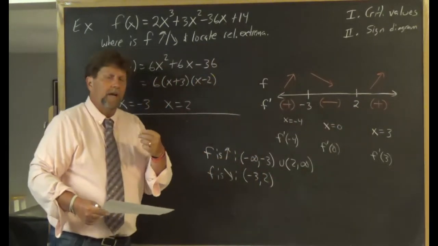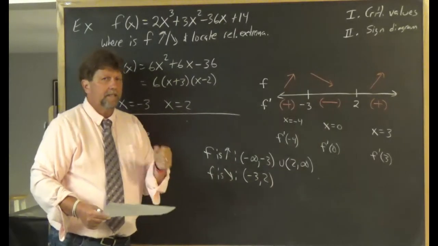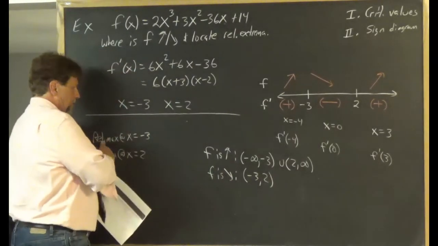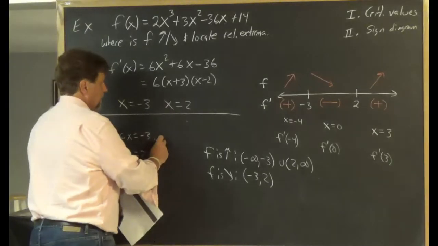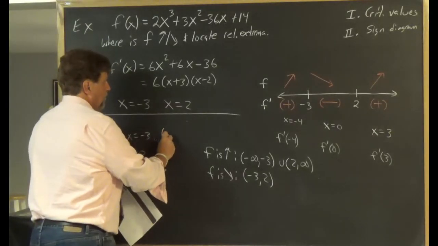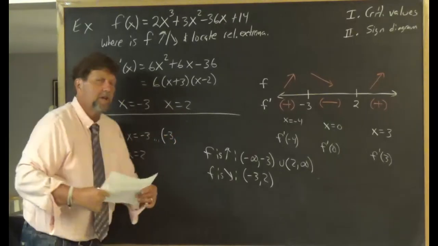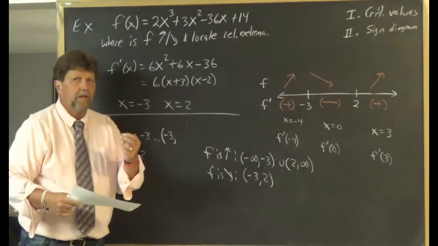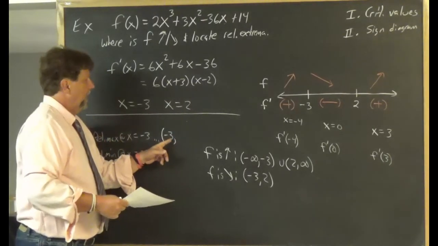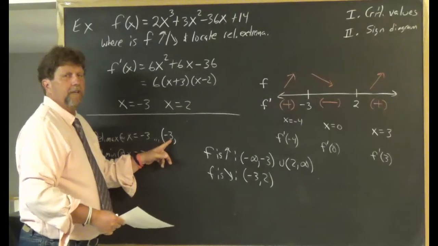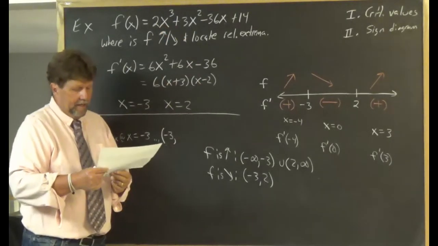Now I'm going to list the relative max and the relative min as ordered pairs. So I know the relative max occurs at x equals -3. That would be the point -3, comma. Now we're talking about an actual point that's on the graph of the function. So to get the y-coordinate, I have to evaluate the function at -3. I have to put -3 back in for the x's.